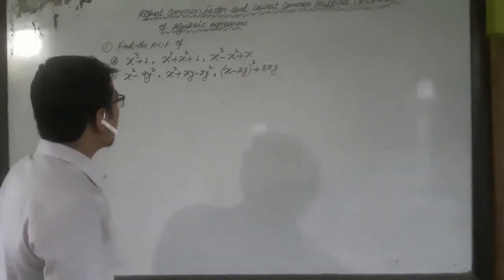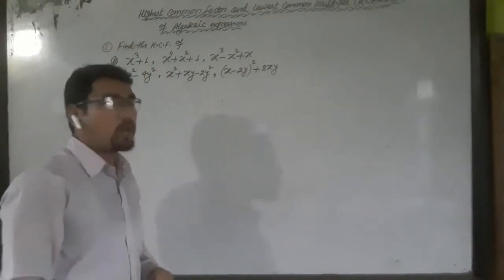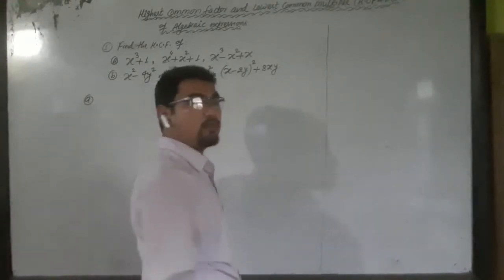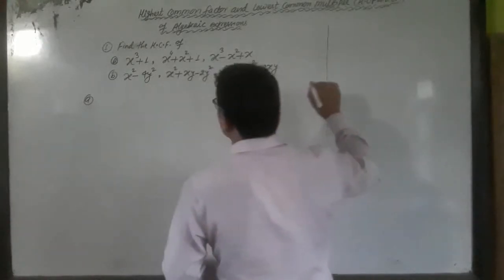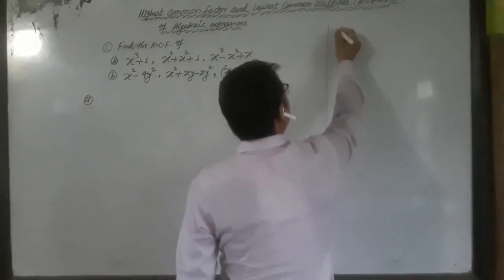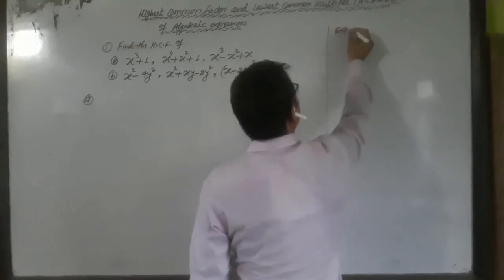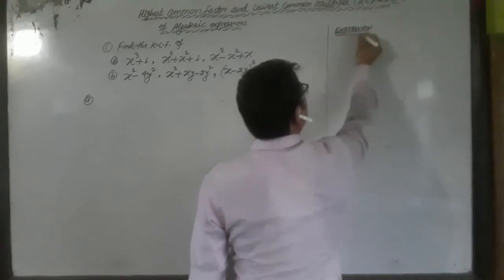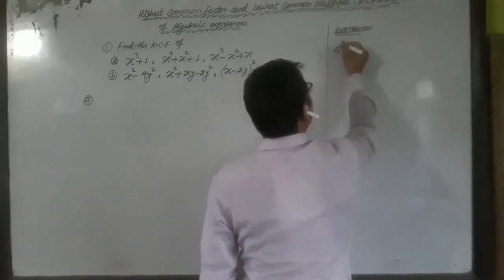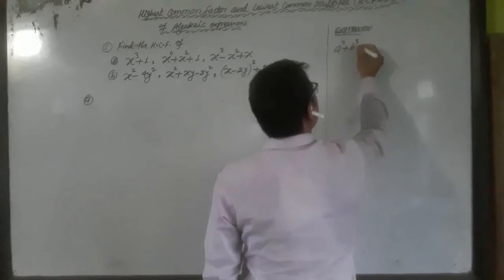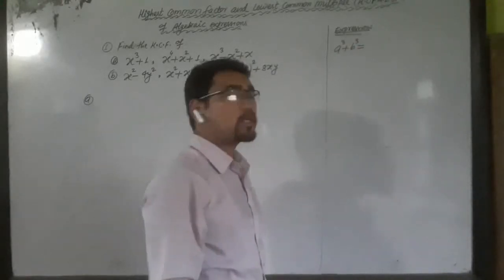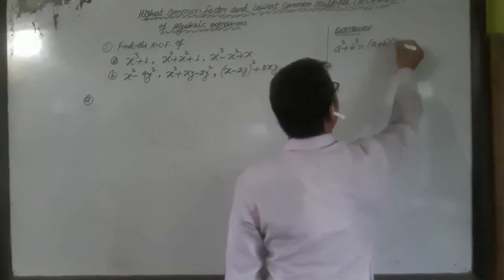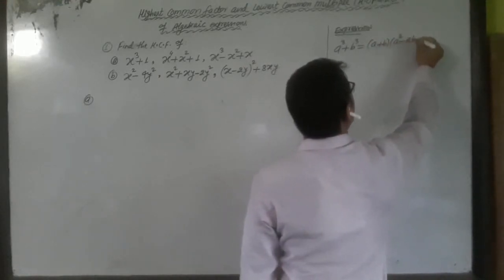Okay, so before factorizing these, you have to be clear on some factorization formulas that I would like to list here on the board. If an expression is in the form of a cube plus b cube, then its factorized form is a plus b into a square minus ab plus b square.